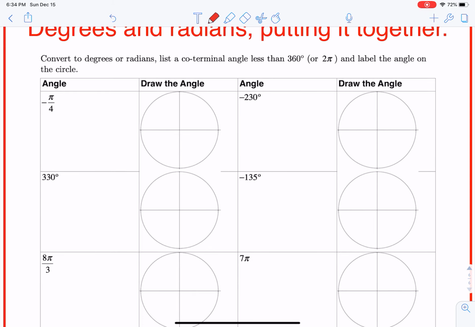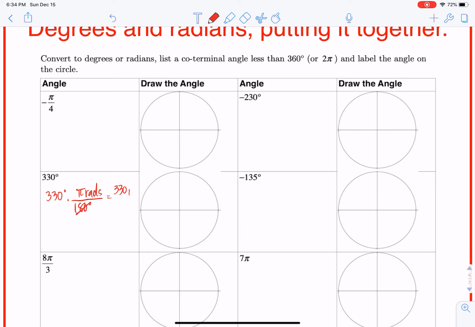Let's start with 330 degrees. So 330 degrees times pi radians over 180 degrees. When I convert 330 degrees into radians, my degrees end up canceling out here.